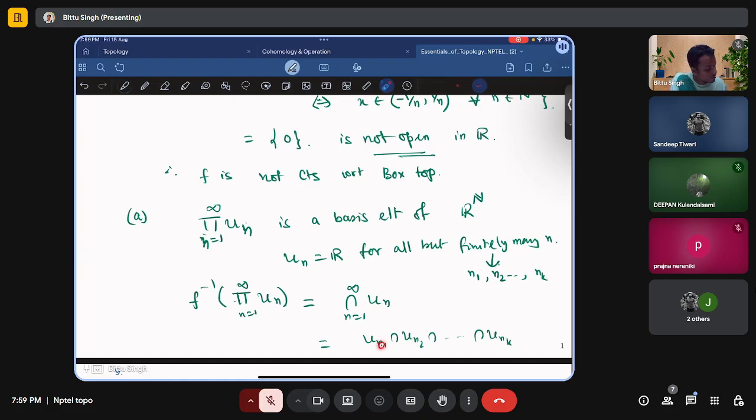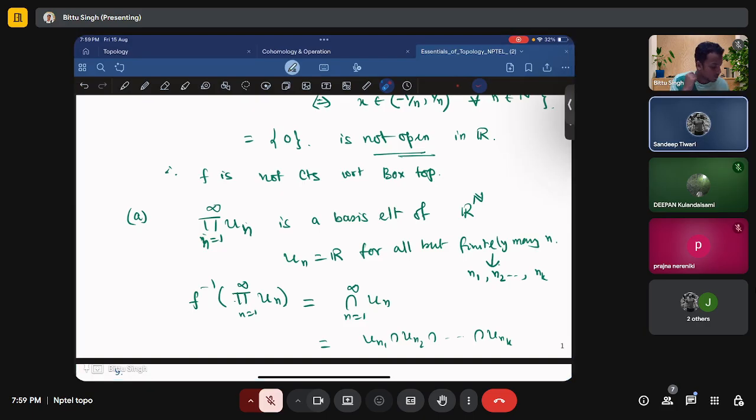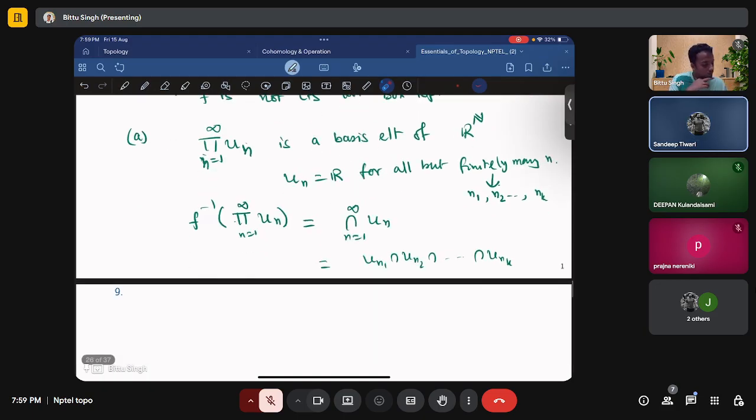Because everything other than n1 up to nk is the real number. So if we take the intersection, we always take the smaller thing; r is consumed by the intersection. F inverse of the product of un is equal to the intersection of un.